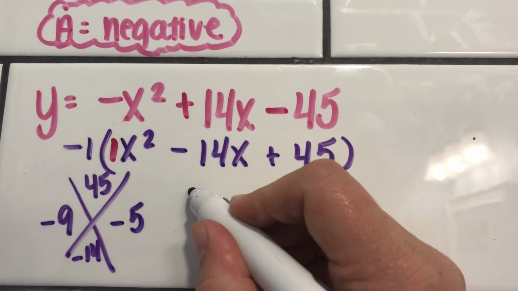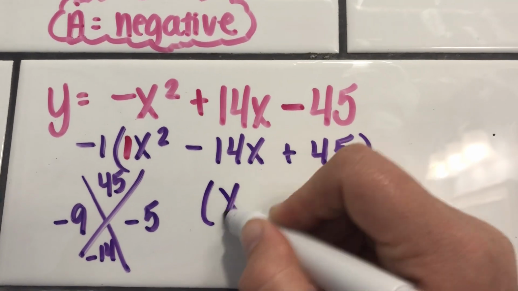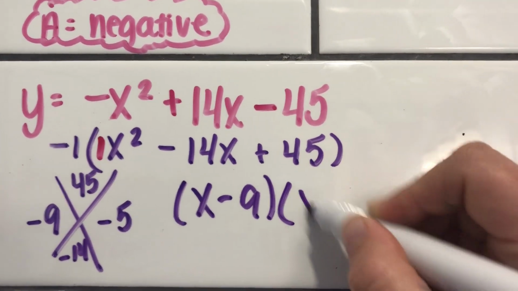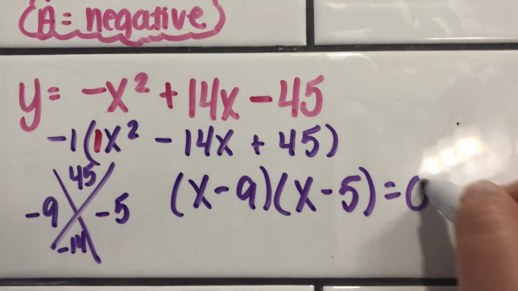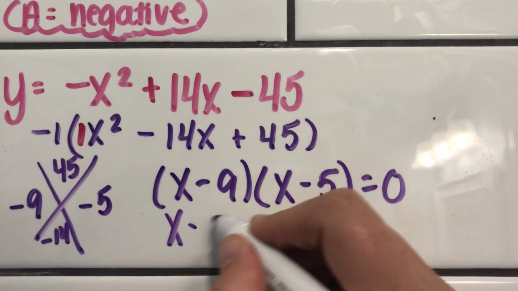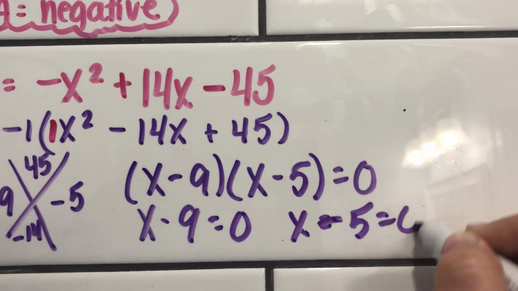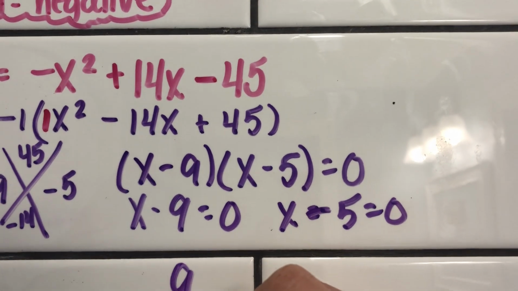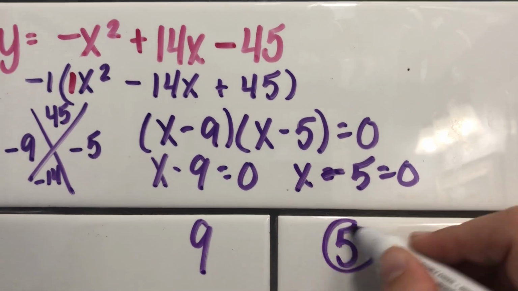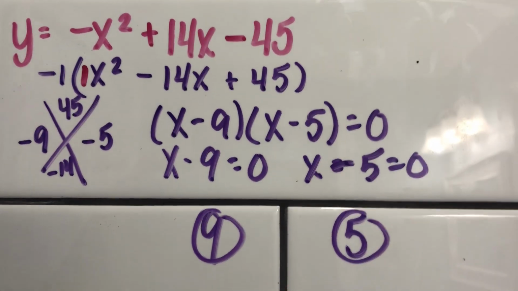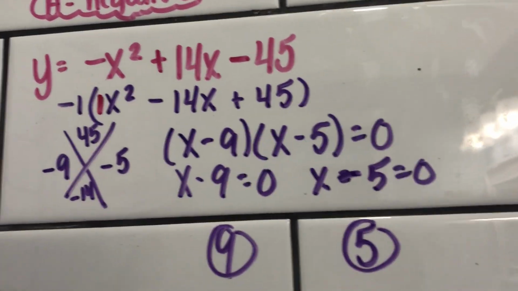I can just use -9 and -5 in my binomials and set them equal to 0. Now when I solve each of these equations separately, I end up with +9 and +5. And you would be done with that quadratic equation.